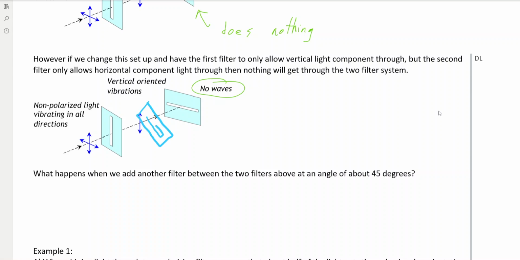Okay, this is my other filter here. Okay, and so this second filter, what this is going to do is it's only going to allow light that is going in the diagonal direction, but it's going to allow a little bit less of the light through.